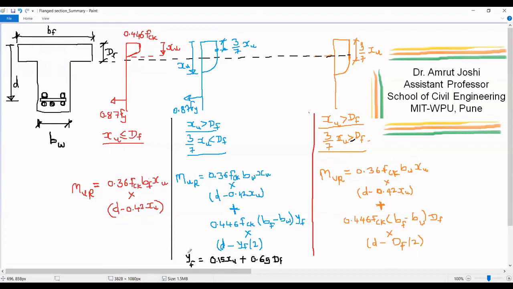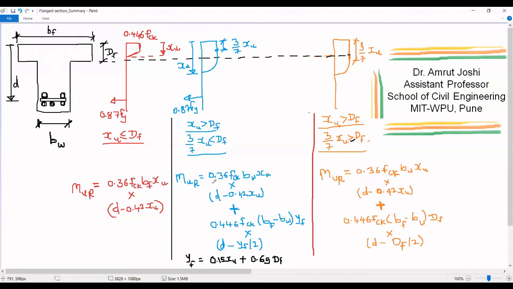So we assume that the depth of the flange is YF instead of DF, over which I can safely assume 0.446 FCK to be constant. So therefore, in the expression for the third case, we just replace DF by YF and we get the expression for moment of resistance of a flange section where XU is greater than DF but 3/7 XU is less than DF.